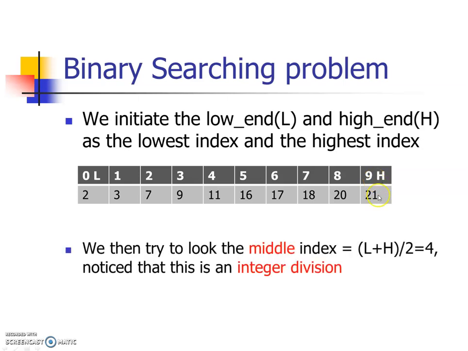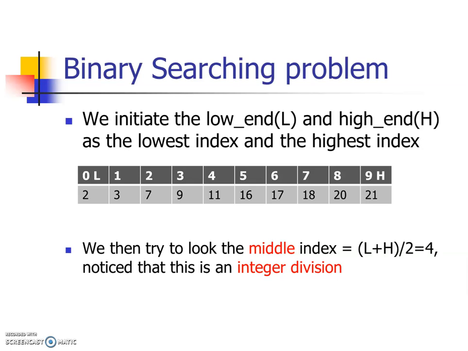So what we are going to do next is use this low and high to find out the middle index. Now, here's the tricky question. If my low is 0, high is 9, and we want to find the average of the two values, which means we try 0 plus 9 first, and then divide it by 2, what is the value? You need to understand we are talking as a computer.